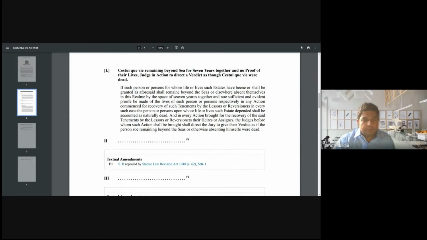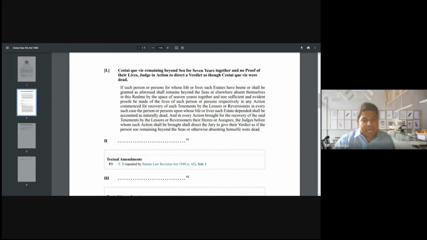Okay. 7 years together, and no sufficient and evident proof be made of the lives of such person or persons, respectively, in any action commenced for recovery of such tenements by the lessors or reversioners, in every such case, the person or persons upon whose life or lives such estate depended shall be accounted as naturally dead.